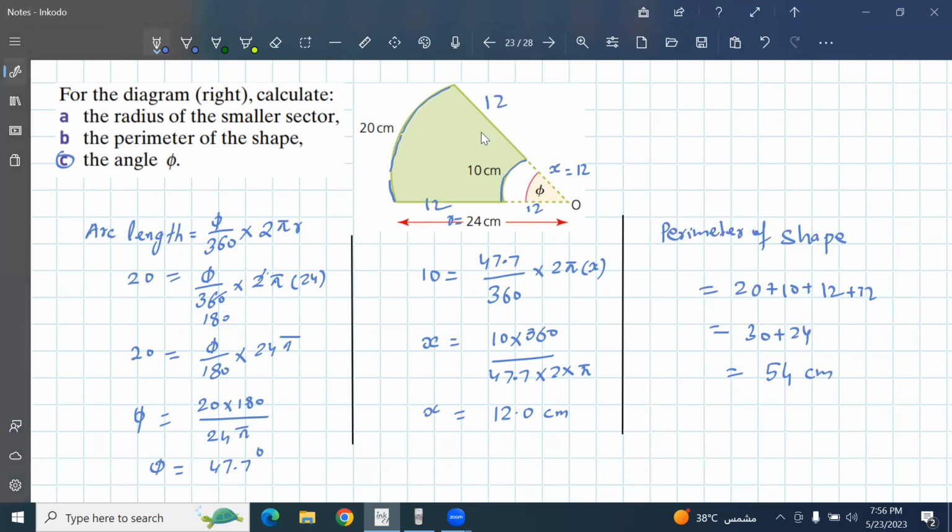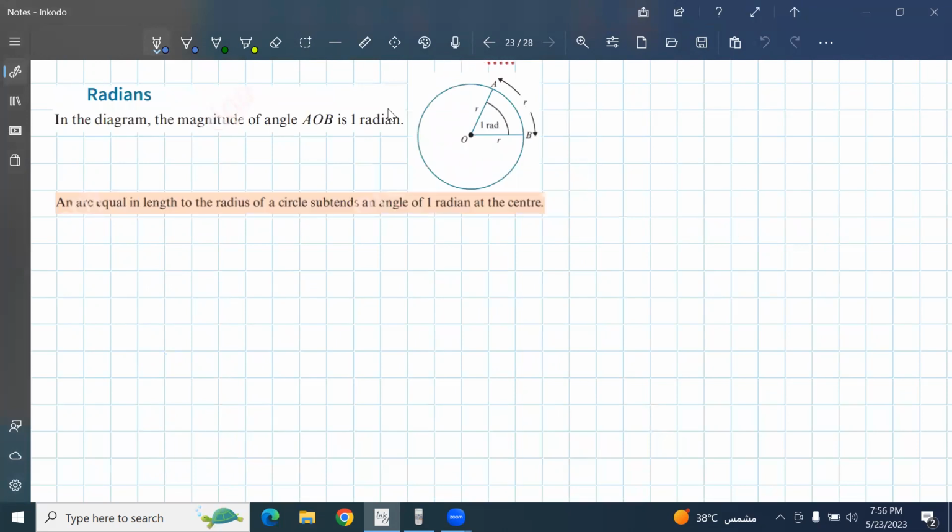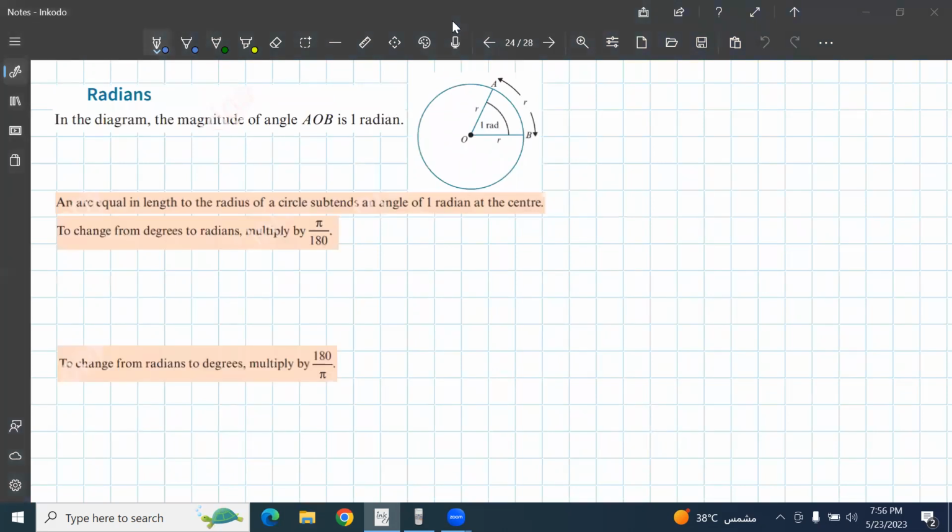Now we will discuss what is radian. So as you can see in the diagram, the magnitude of angle AOB is 1 radian.